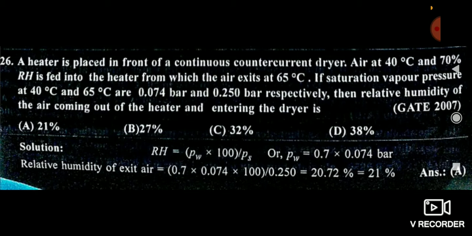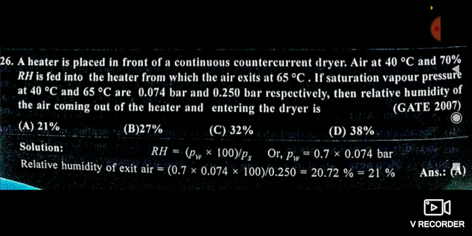At 65 degree temperature maybe it can be more or less than 70%, means it is not equal to 70%. At a particular temperature you have a particular relative humidity, meaning it varies with temperature. So you have to keep this in mind.